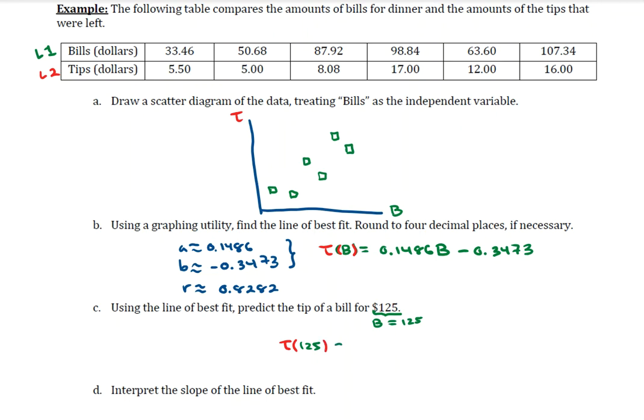So T of 125 is essentially what we're calculating. So wherever we see B on the right-hand side, we're going to go ahead and replace it by 125. And then what you want to do is go ahead and calculate or simplify the right-hand side down to a single number.